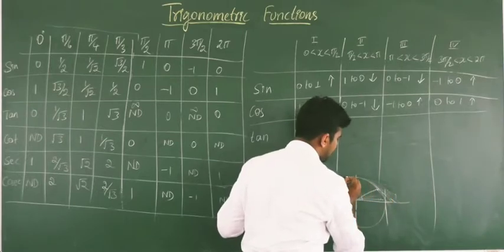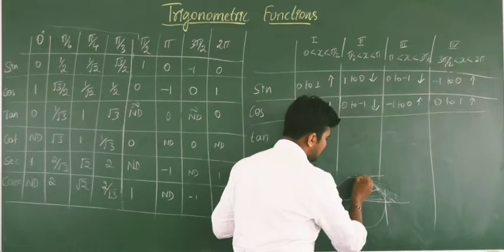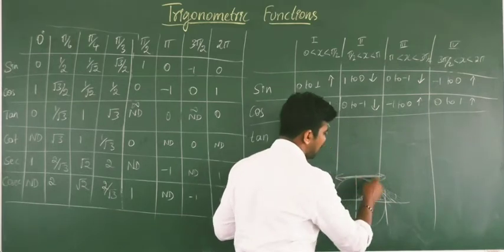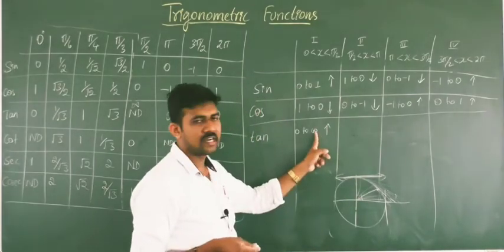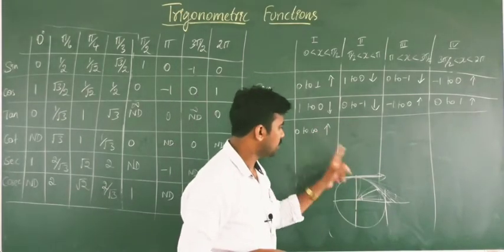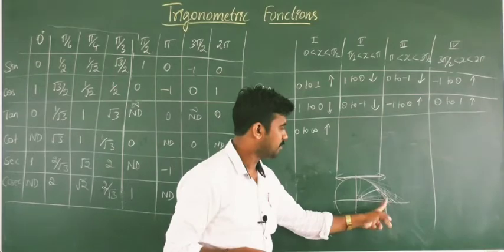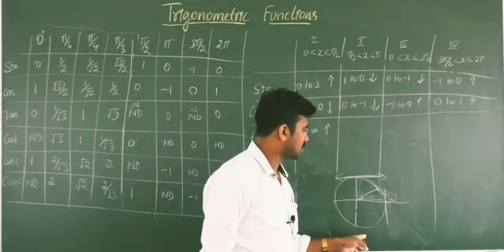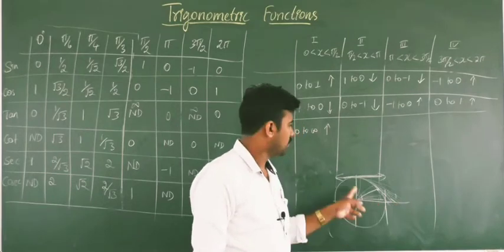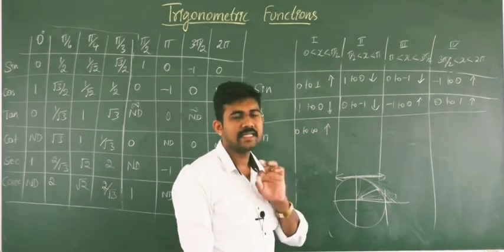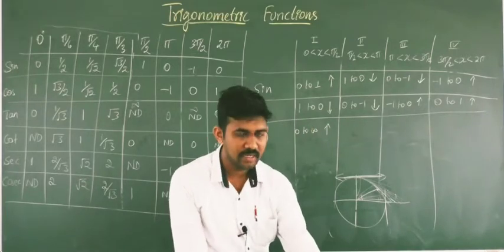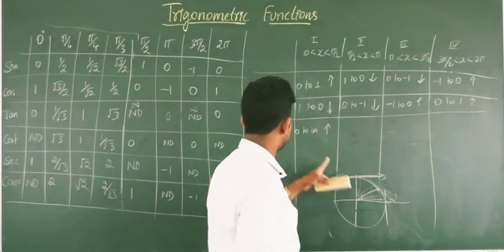If you take the central angle pi by 2, then the tangent is not defined, as the line is parallel to the x-axis, giving plus infinity. So this is the case of tangent.